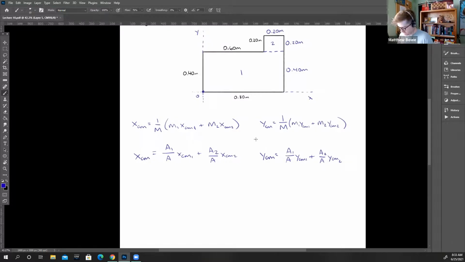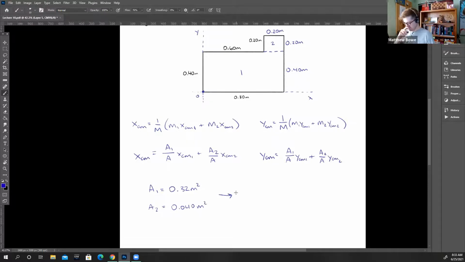The area of this first shape, this big rectangle here, I've already done this. That turns out to be 0.32 square meters. And I've already calculated the area over here of section 2, and that is 0.04 square meters.